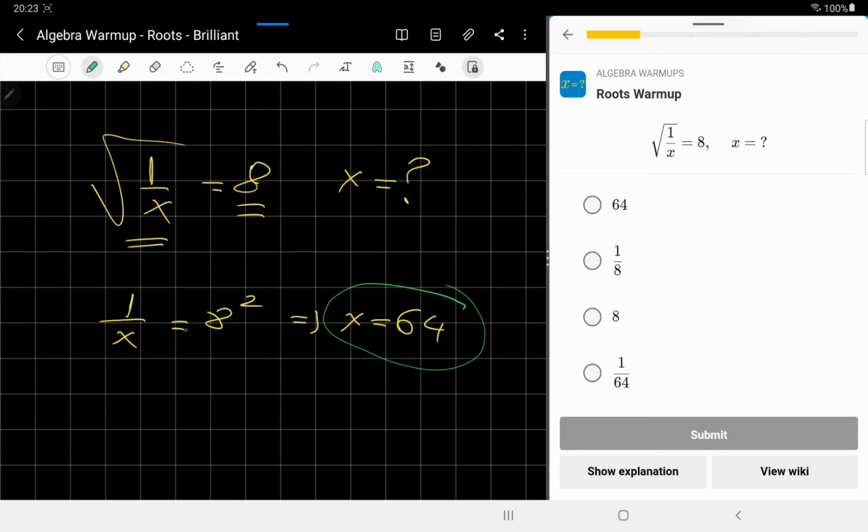That 1 over x would be 8 squared, so 1 over x is 64. Actually, x is not equal to 64, but x is equal to 1 over 64.